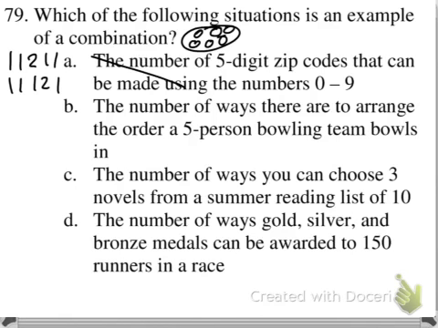So the number of ways there are to arrange the order a five-person bowling team bowls in. Let's talk about our 5-person bowling team. Let's say that we have person 1, 2, 3, 4, 5. Those are their names. Don't make fun of them.